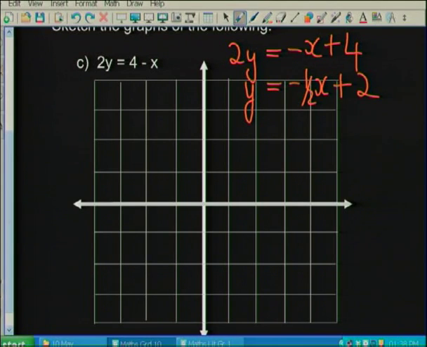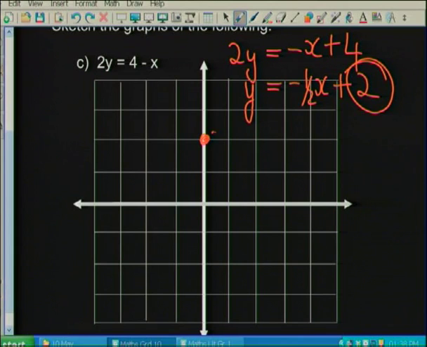In this case, I can happily use the dual intercept method. Clearly my y-intercept is at 2. I'm going to mark that on the y-axis. And now I'm going to solve for minus a half x plus 2 equal to 0.